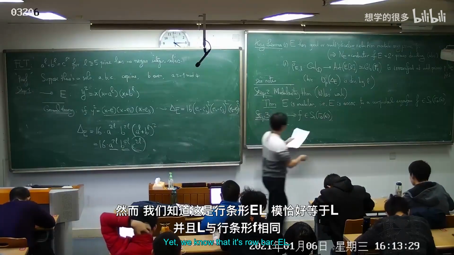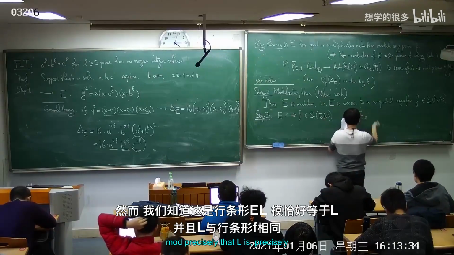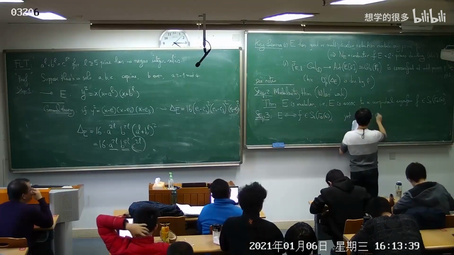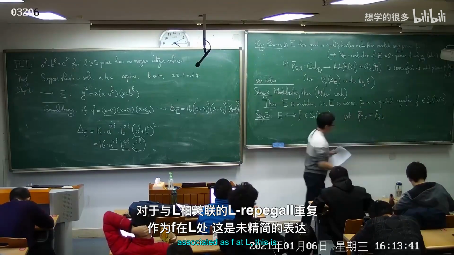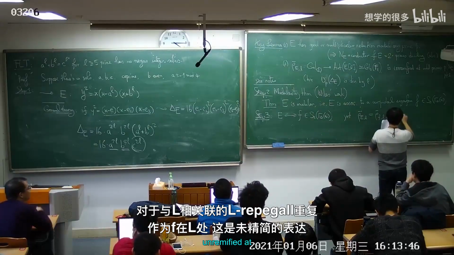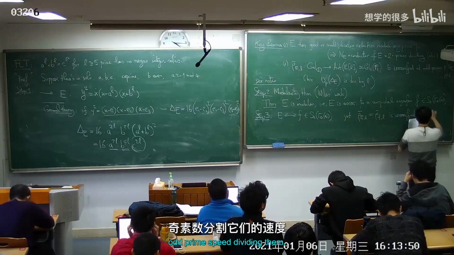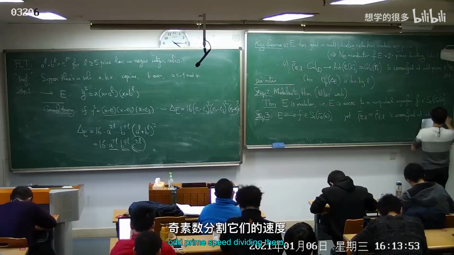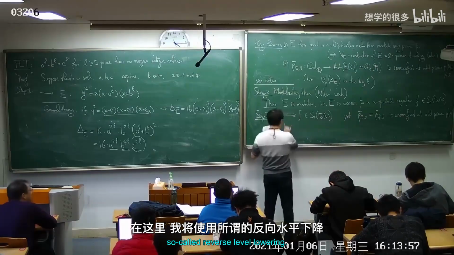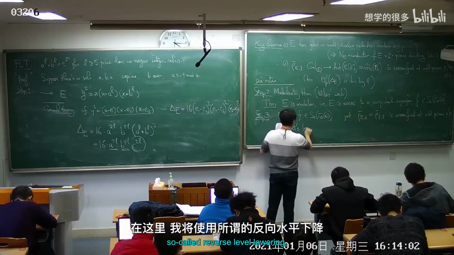Then we know that rho bar E,L, mod precisely that L, is the same thing as rho bar F,L, the Galois representation associated with F at L. This is unramified at odd primes P dividing N. Here I'm going to use the so-called Ribet's level lowering theorem.